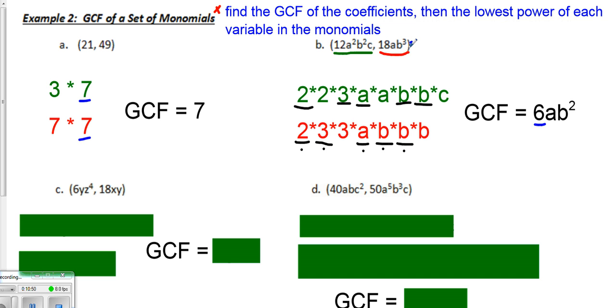It's kind of like we have a hidden C to the 0th power. That's why we don't see it. So we'd leave that C to the 0th power. So two ways to do it. You could spell it all out in the factored form, or just recognize the greatest common factor of our coefficients and the lowest power of each of our variables.